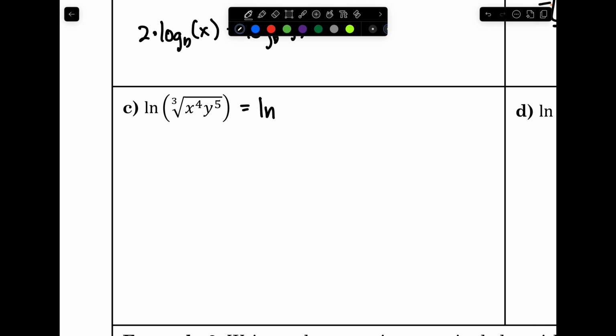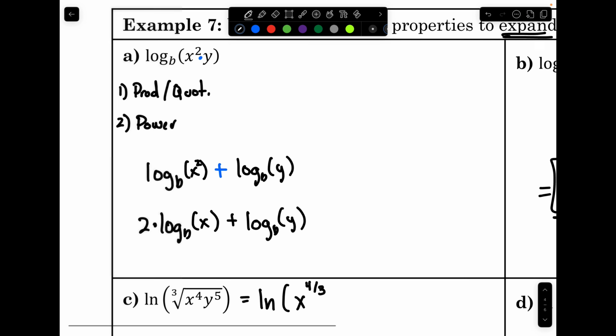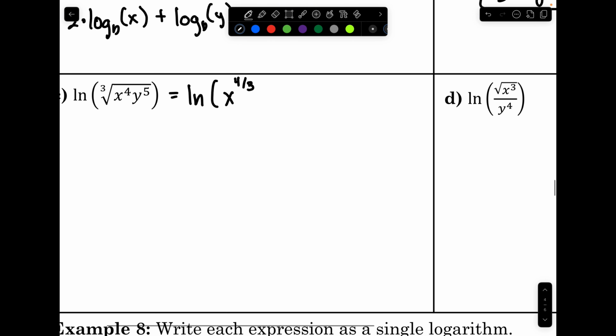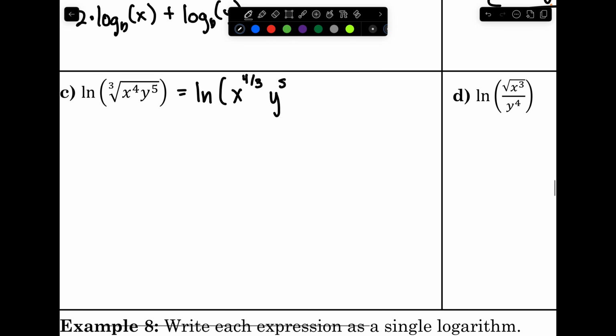So we have the natural log of x to the fourth power, and because that is inside the root of 3, that exponent of 4 gets divided by 3. And then we have times y to the fifth power, and because the y is raised to the power of 5, but also is inside this root of 3, that 5 is going to be divided by 3 as well.